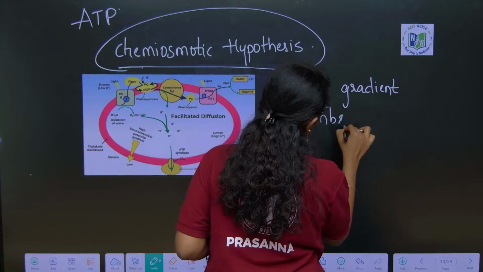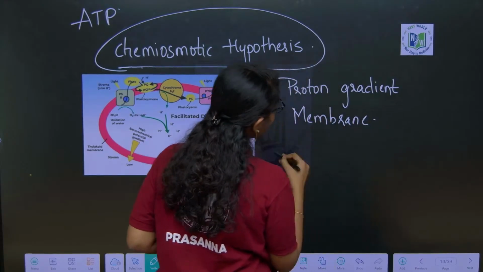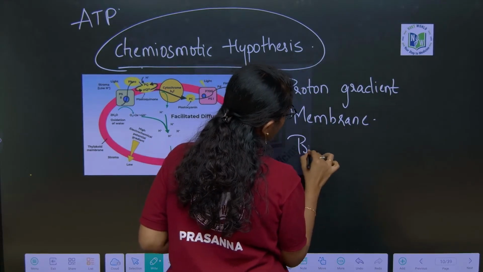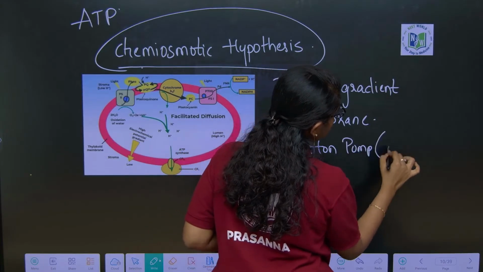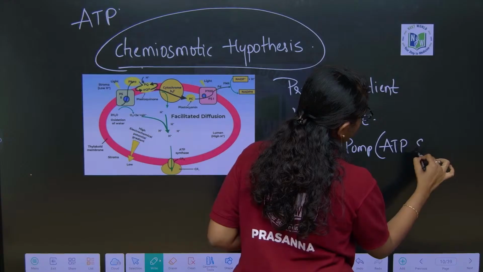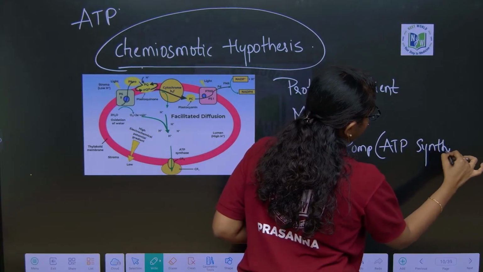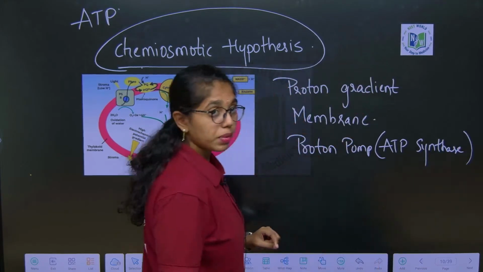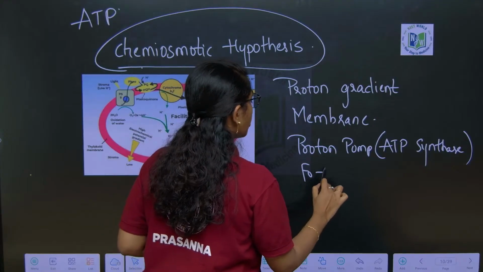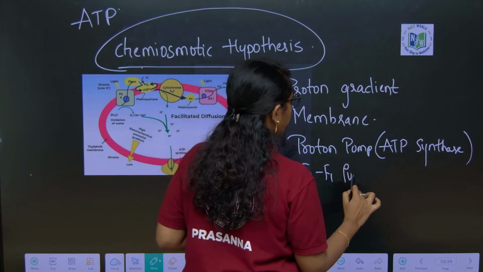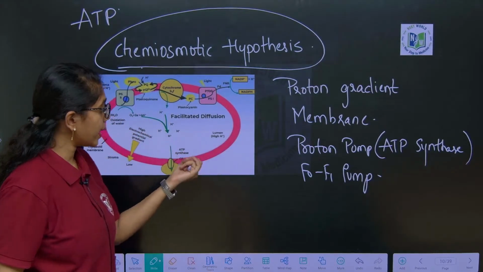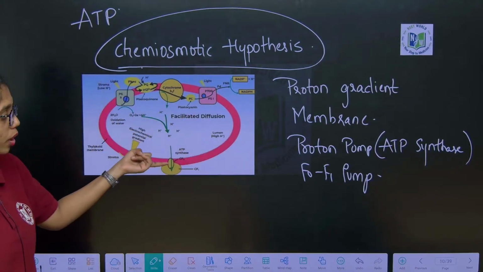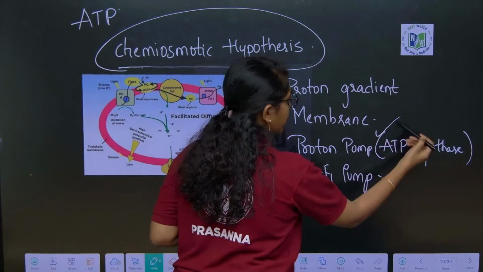It requires a membrane, a proton gradient and a pump, which is a proton pump. Here it is called ATP synthase, that is the F0, F1 pump. So here you can clearly see a proton gradient and a membrane are present, along with the proton pump, ATP synthase.